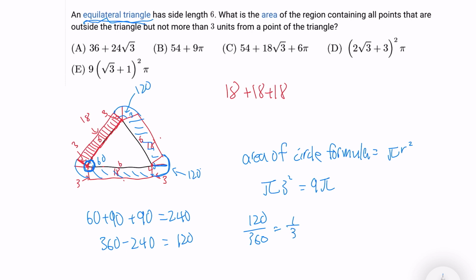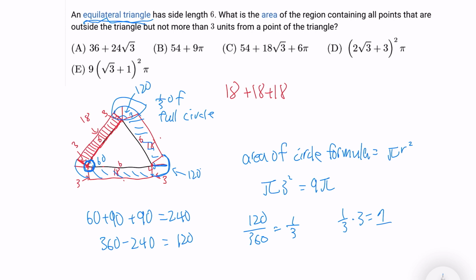So each portion of the circle that we have is 1/3 of a full circle. And we have 3 of these. That is perfect, because 1/3 times 3 gives us 1.